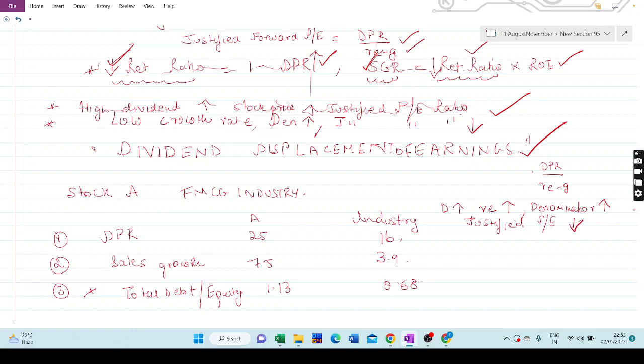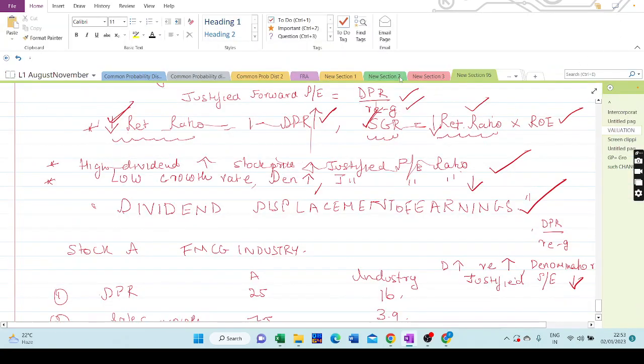Guys, are we good? Have you understood this, please? Anusan, please. Sir, one thing: in the case of the retention ratio, if the organization is retaining less, it means they are leveraging more debt for expansion, right?